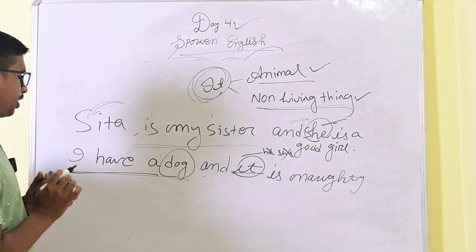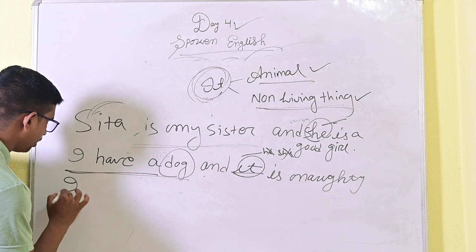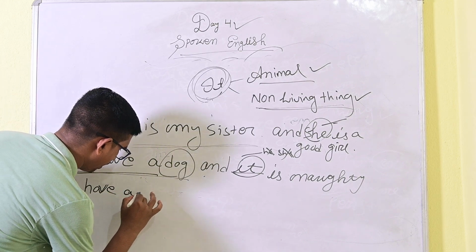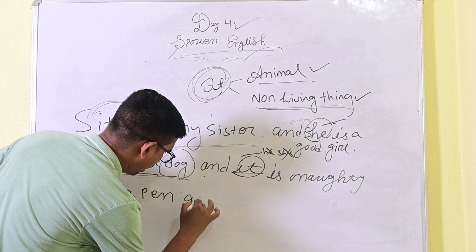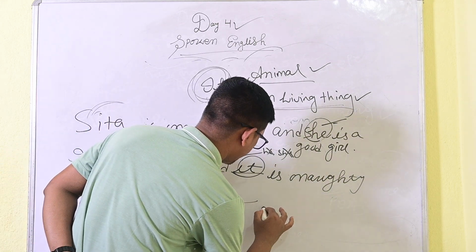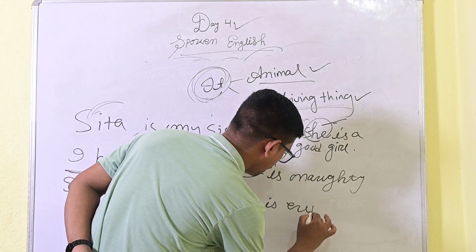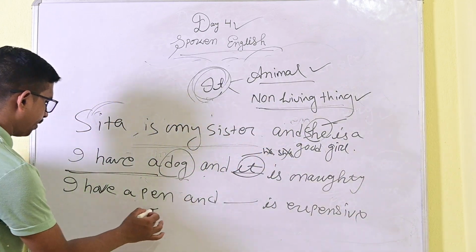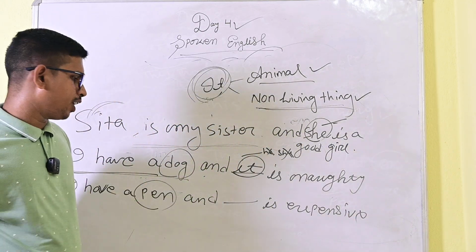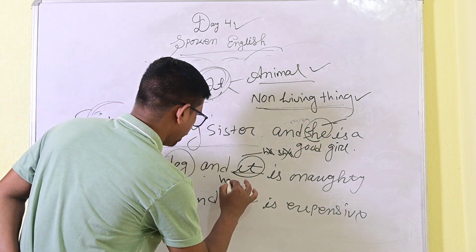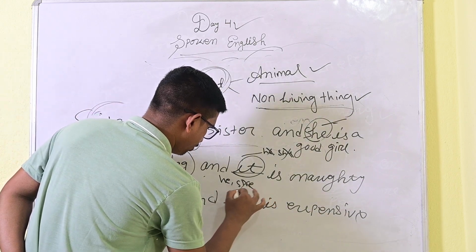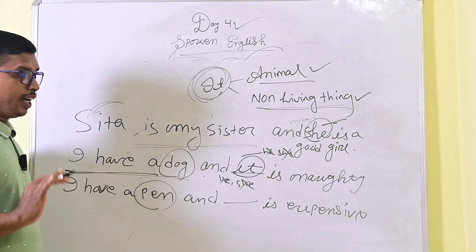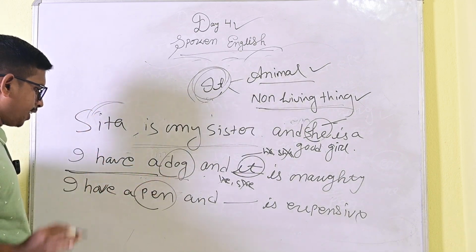One more sentence. We'll take one more example. I have a pen and it is expensive. Pen is a non-living thing. We cannot use he and she here. It is wrong because he and she are used for living beings, like people.